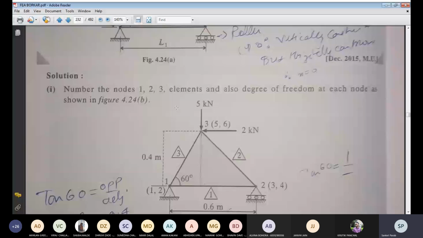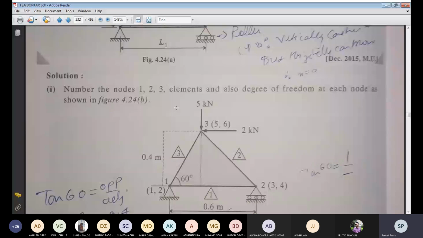Can somebody tell me when we get reactions and where we get reactions? Generally, where do we get reactions? In general, at whatever the support.